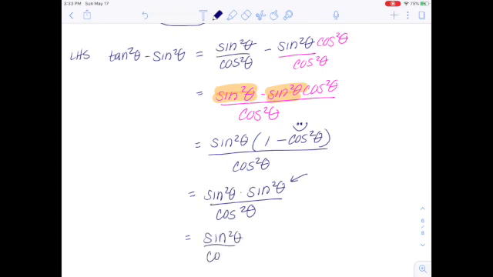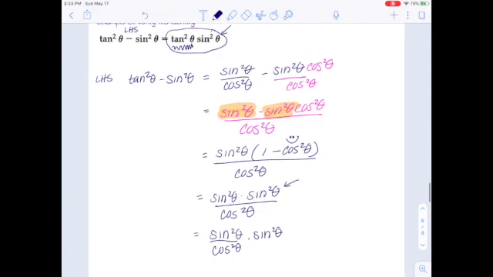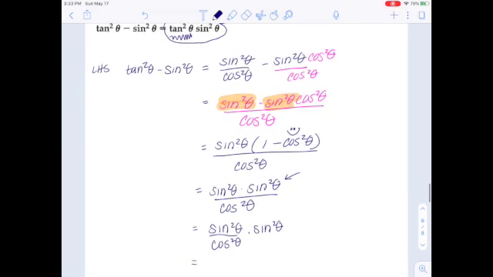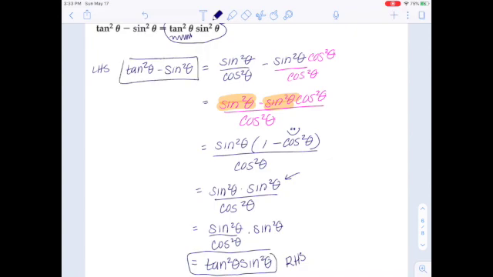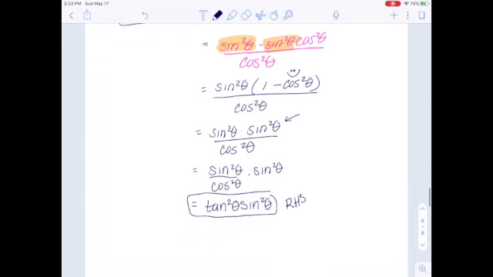Sine squared of theta over cosine squared theta multiplied by sine squared of theta. That really gives me my right-hand side of tangent squared theta times sine squared of theta. And boom, that is your right-hand side, and that proof is done. So left-hand side is equal to our right-hand side.